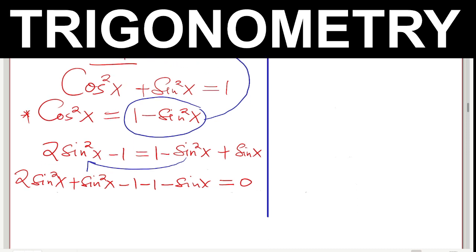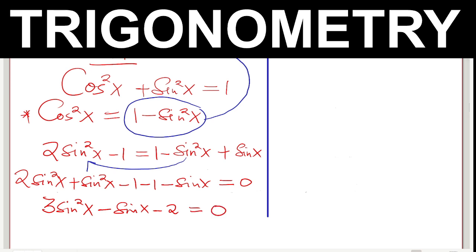Now let me simplify these. 2 sine squared x plus sine squared x will give 3 sine squared of x. Then I can organize this to form a quadratic equation: subtract sine x, then negative 1 subtract 1 will be negative 2 is equal to 0.